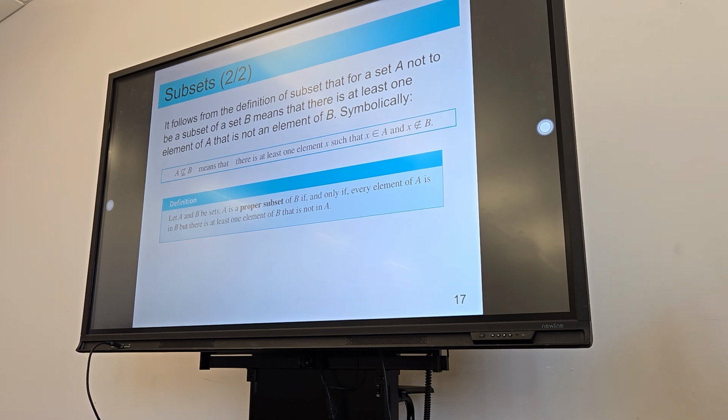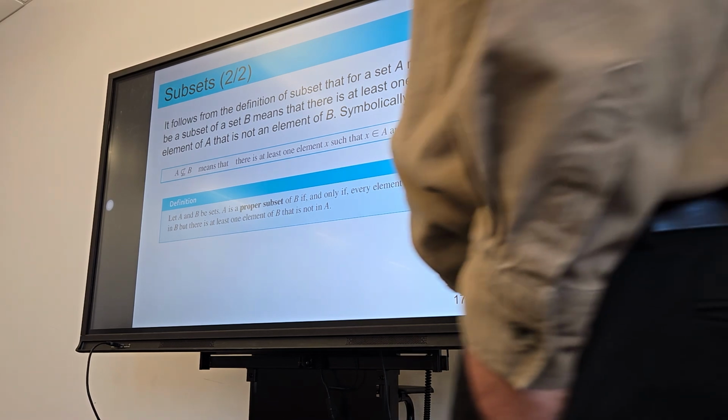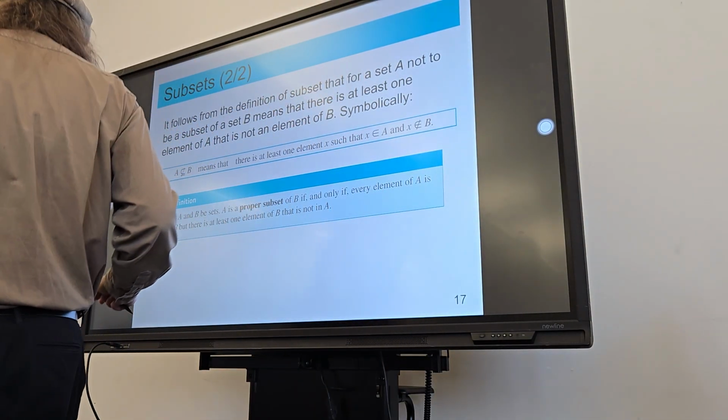But anyway, for A and B as sets, A is a proper subset of B if and only if every element of A is in B, but there is at least one element of B that is not in A. A proper subset.